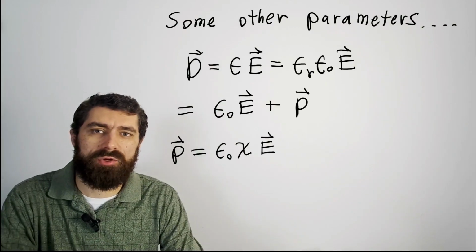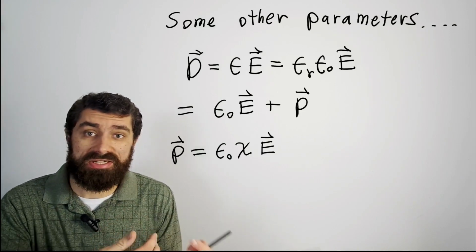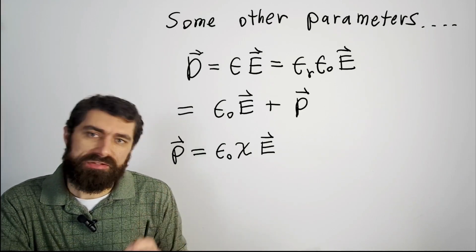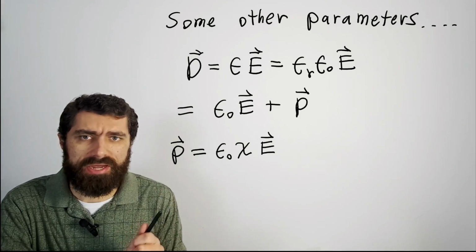So I hope that gave you a better understanding of what epsilon is and the difference between D and E. Before I end this video, I do want to comment briefly on a few other parameters you're likely to encounter.